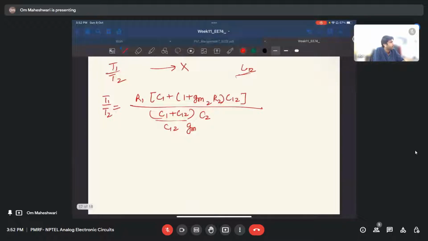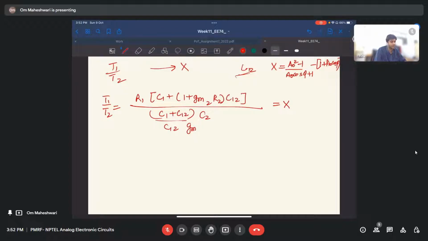This is equal to X, and X was A naught squared minus 1 by A naught cos phi plus 1 minus 1 plus A naught cos phi.